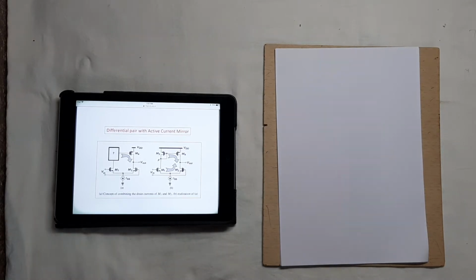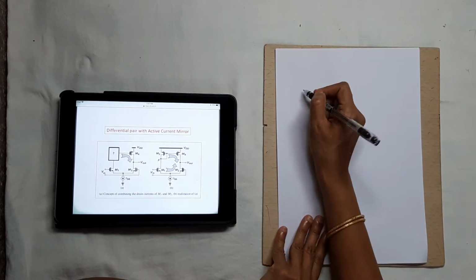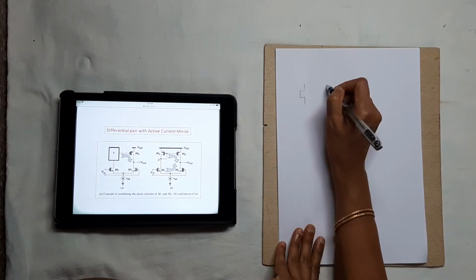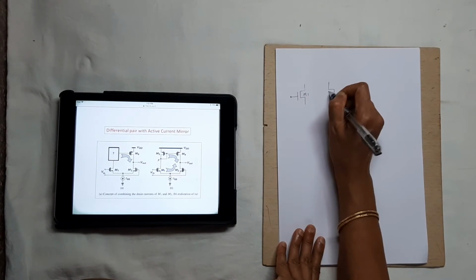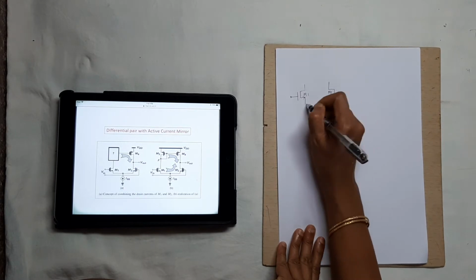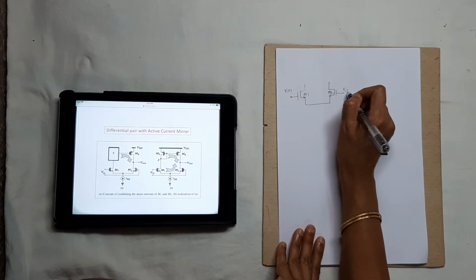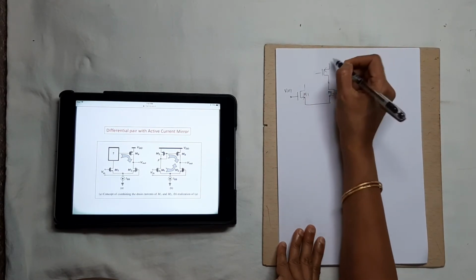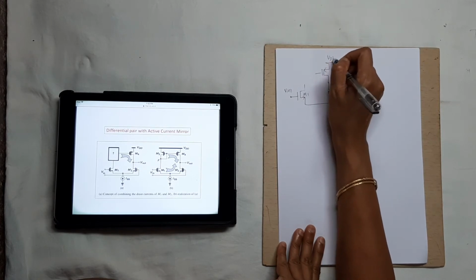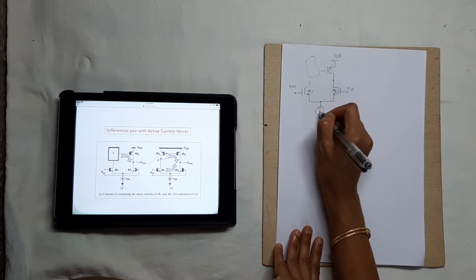Before actually studying this circuit, we will do some observation with small circuits. So let us consider the circuit of differential pair, M1, M2. This is V in 1, V in 2, and we have the PMOS transistors, VDD, and here some circuit is there, and we have the tail current ISS.